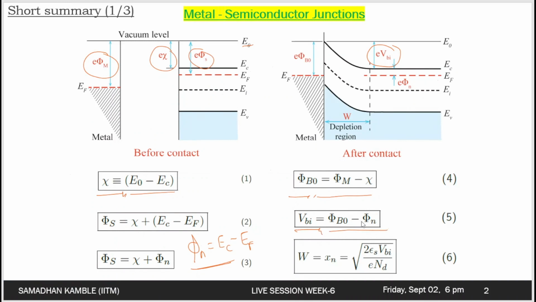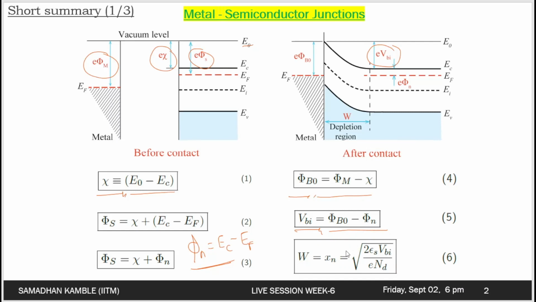Now let us consider the last parameter, that is the space charge width, or the width of the depletion region as we know it. The Schottky diode is identical to a one-sided junction. We also saw the one-sided junction in which one of the sides is heavily doped, so that the depletion region on the doped side is negligible.